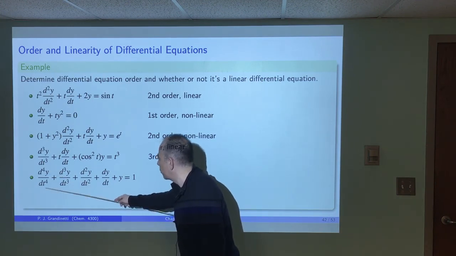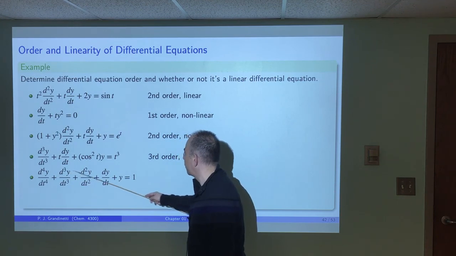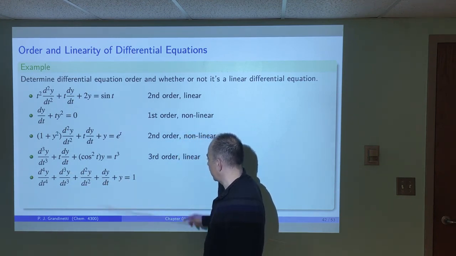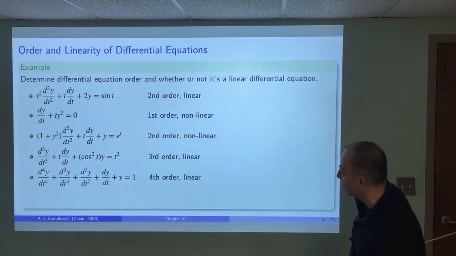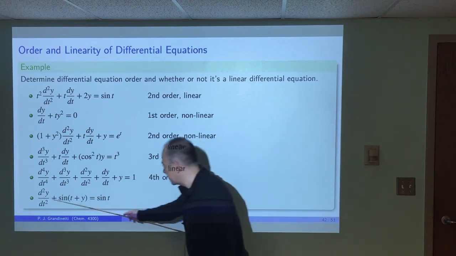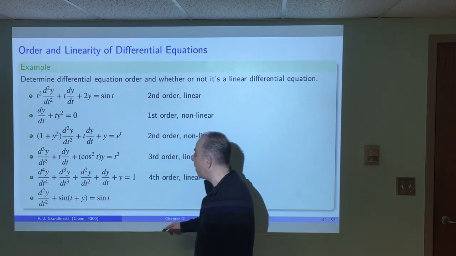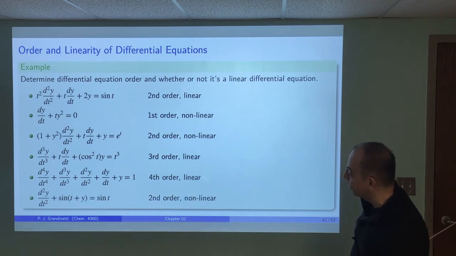This one is fourth order in the highest derivative, and then there's third order, second order, and first order, and then just the function y. All of them are linear, so this is a fourth order linear. And then the last one here is second order with the highest derivative, but now you see this transcendental function, sine function of y, that makes this nonlinear in y, so that's a second order and it's nonlinear.